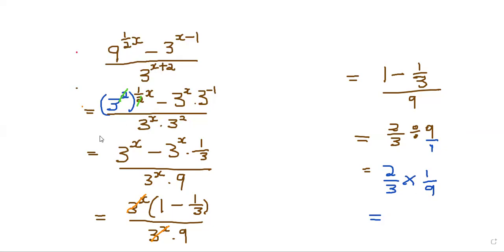So whenever we have a multiplication sign, maths allows me to multiply the numerator with the numerator, and the denominator as well as the denominator. So we can see that 2 times 1 is going to be 2 all over 3 times 9, which is 27. So it means the final answer you must get is 2 over 27, guys.